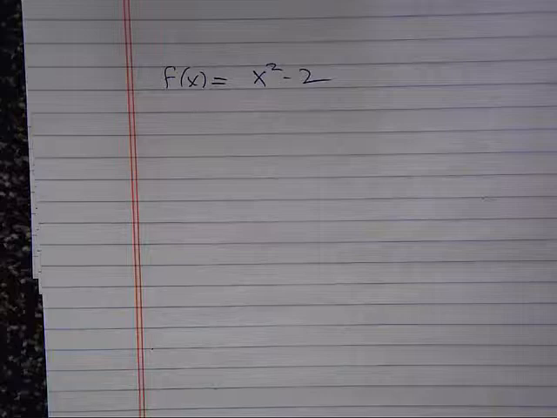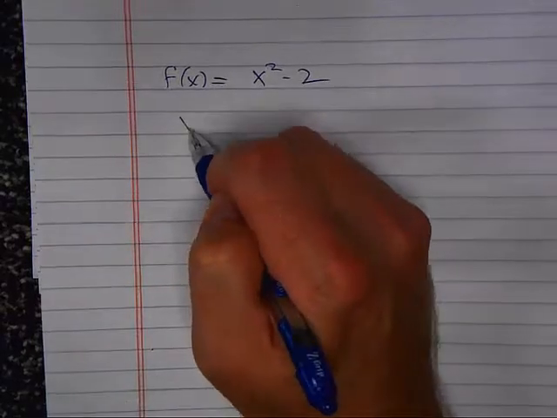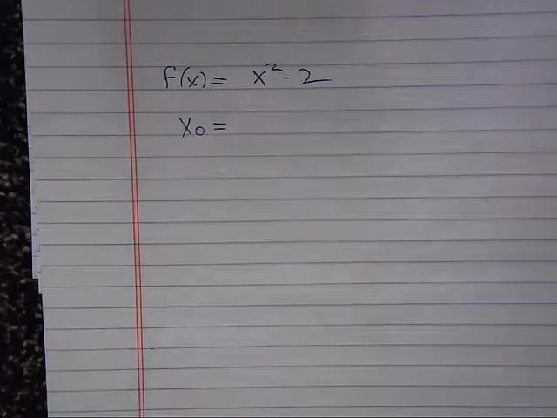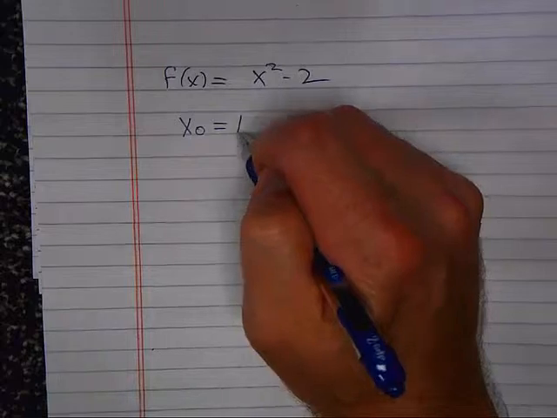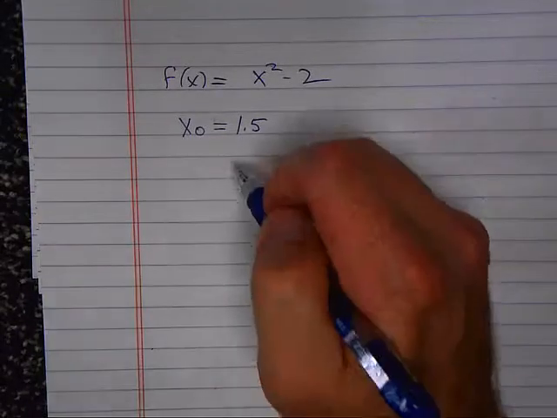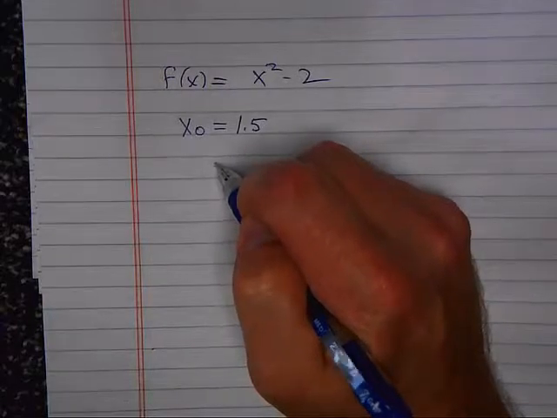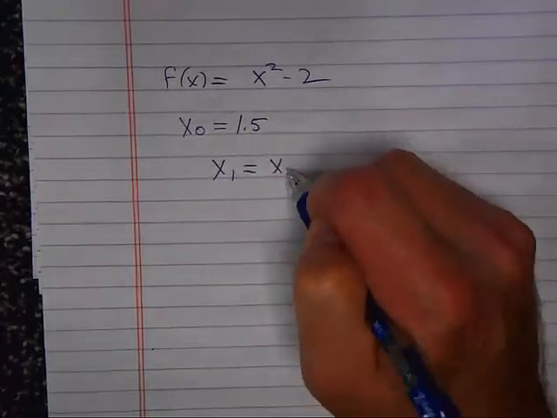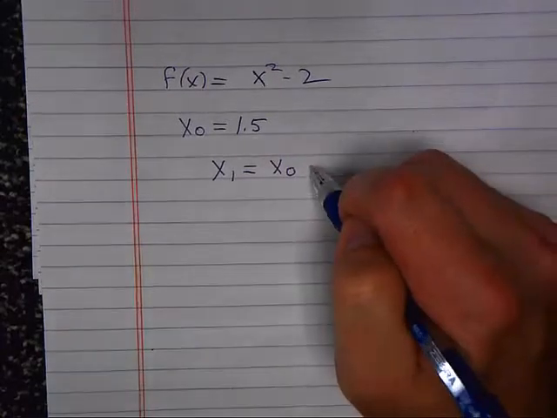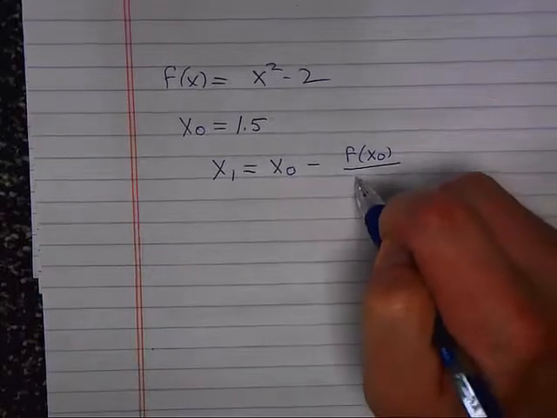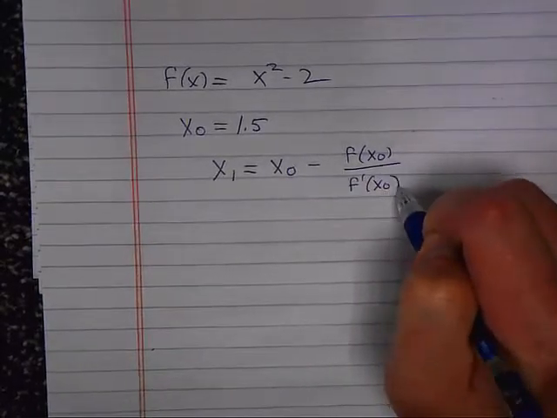Okay? We need to make an original guess. What do you want for your original guess? 1.5. All right. So then we go to Newton's method. Newton's method says the next guess, x1, will be x0 minus the original function at x0 divided by the derivative at x0.